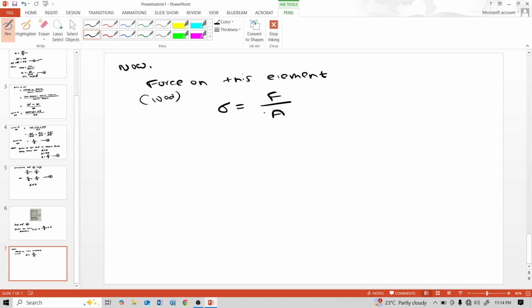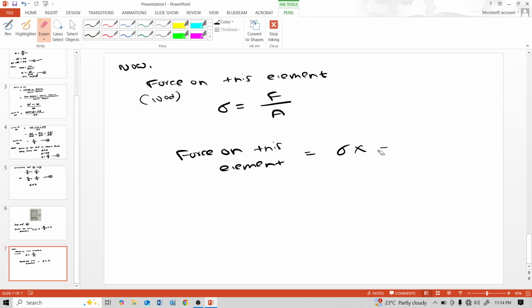Stress is equal to load upon area, and load, that means force on this element, is sigma into A, and this area A is delta A here.